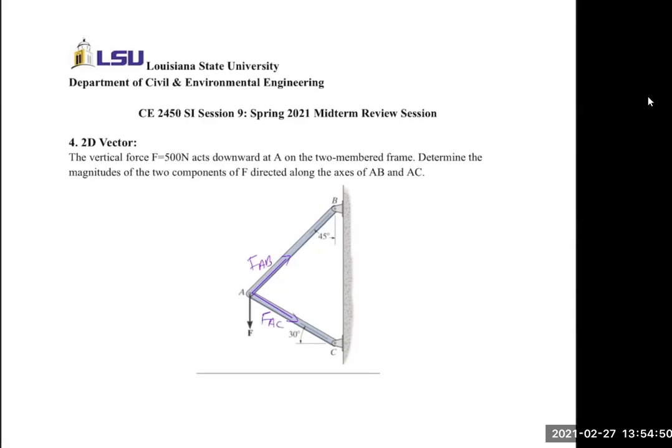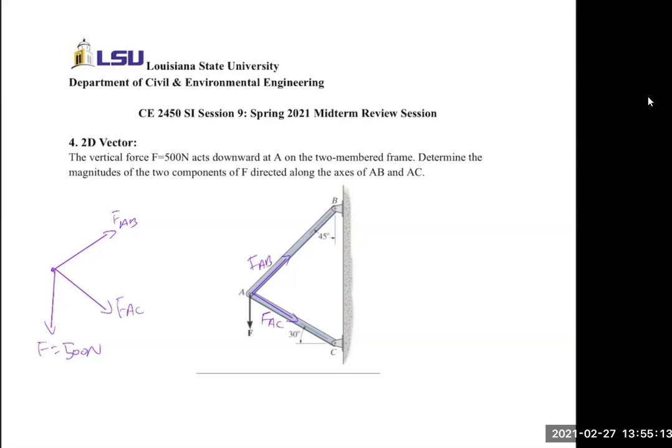Okay, you know what? For this one, actually, I can draw it all. So this is FAB. This is FAC. This is my F equals 500 newtons.